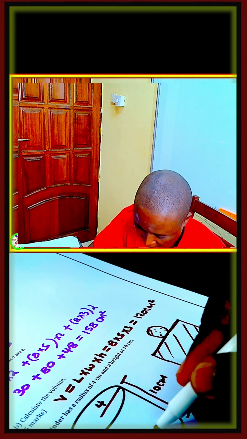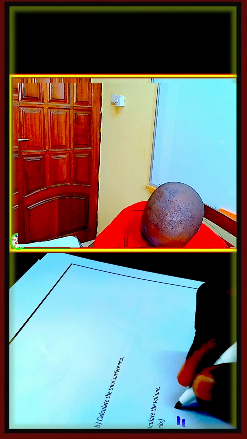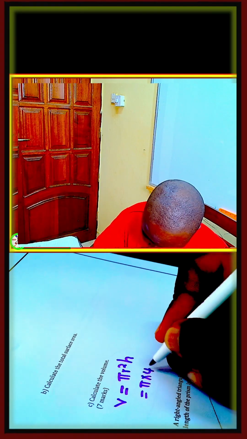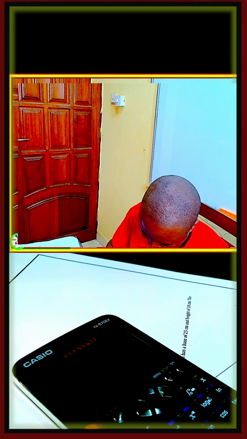Now, if you are asked to work out the volume of this cylinder, what you need to remember is that you need to find the area of the base, and the area of the base is pi r squared, times height, in order to get the volume of this particular cylinder. So volume is equal to pi r squared h, which is pi times 4 squared times the height, which is 10.